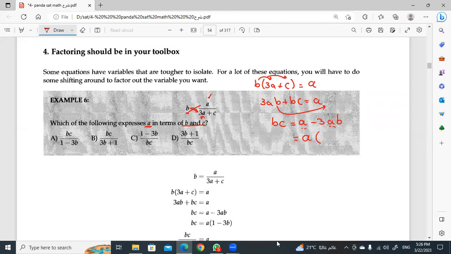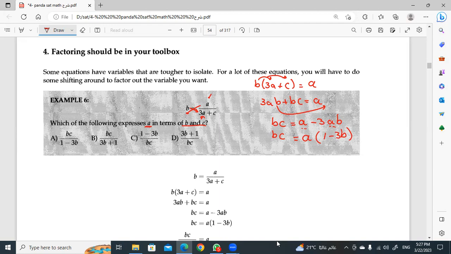How much multiplying by A gives me A? Is it 1 minus 3B? Minus 3B. Perfect.